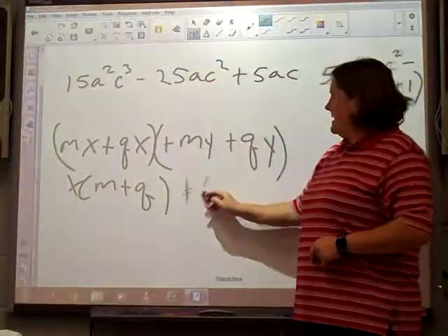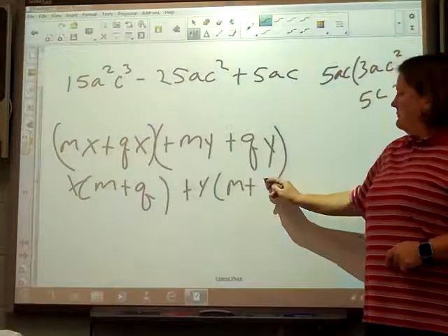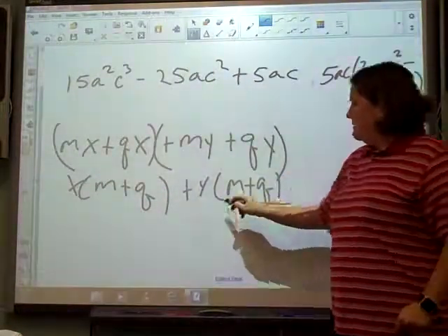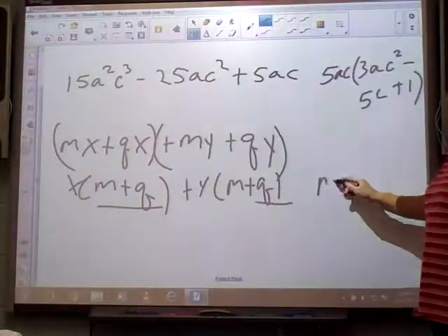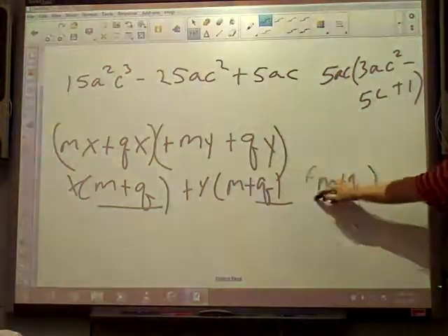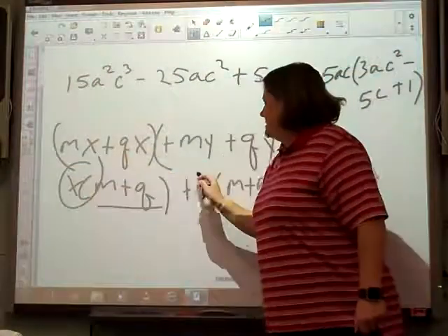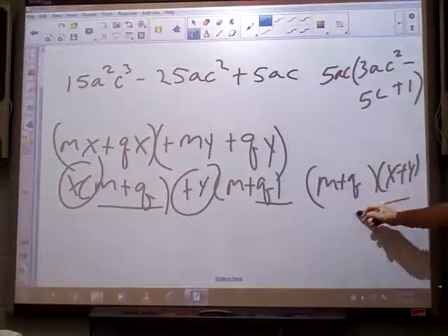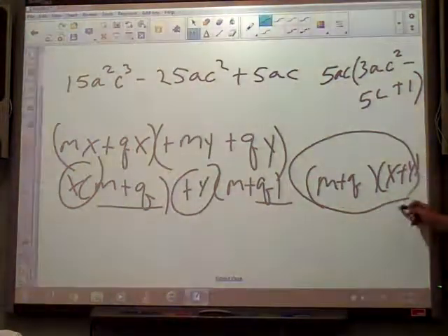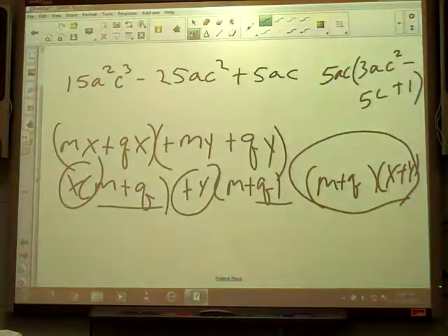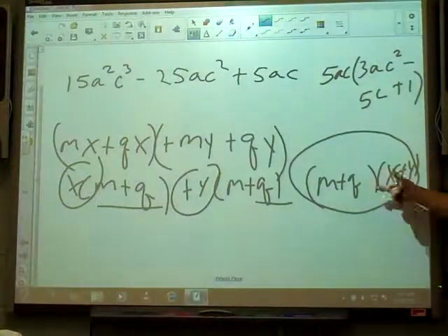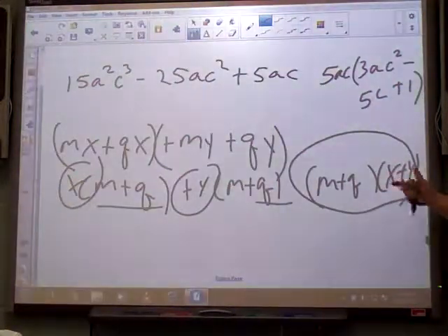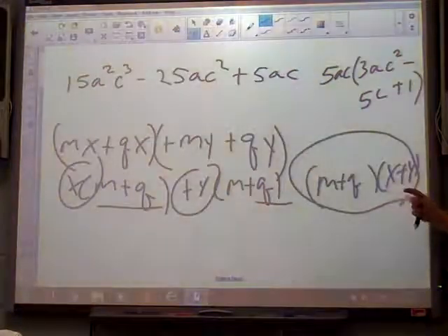Y leaves us with an M plus a Q. So we have M plus Q times X plus Y. Does it matter what order those go in? No, I could write the X plus Y first if I wanted. Like Mason said, you can put those binomials in either order. Everybody good on that?